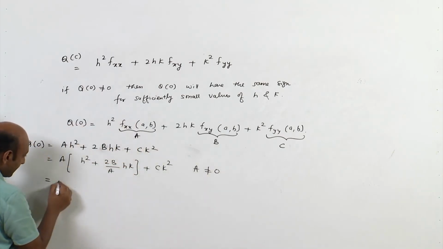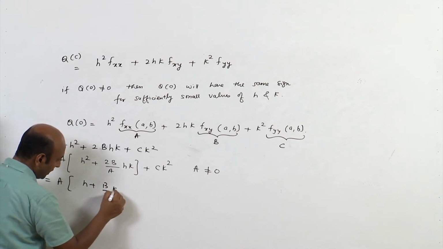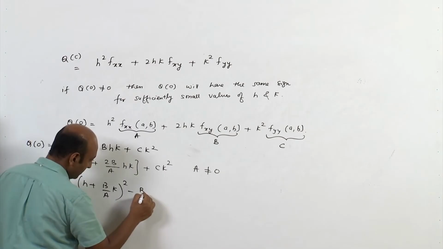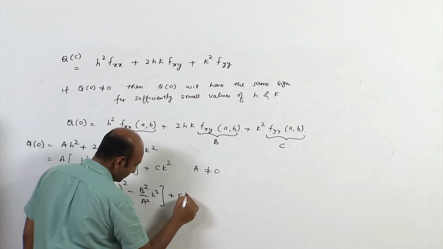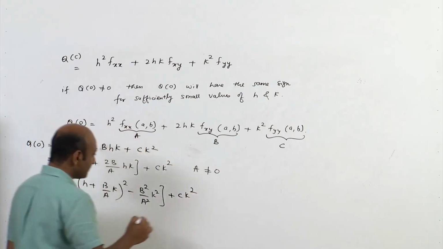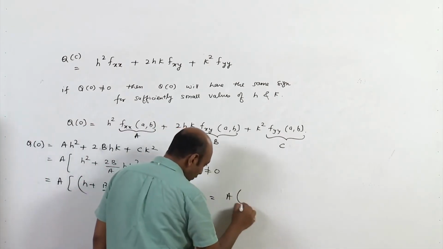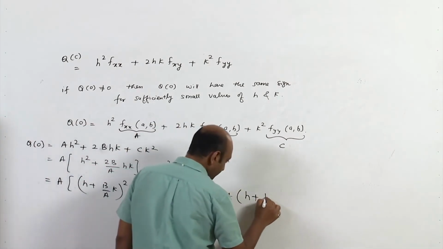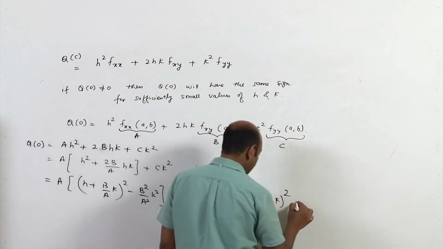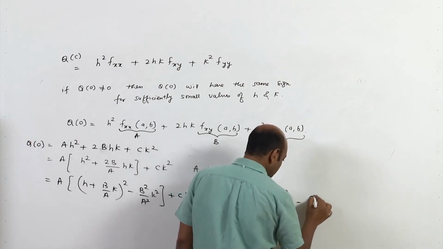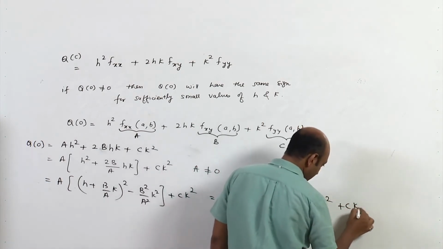So, this implies this is A into (h plus b by A into k) whole square minus b square by A square into k square plus c k square, which is further equal to A into (h plus b by A into k) whole square minus b square by A into k square plus c k square.